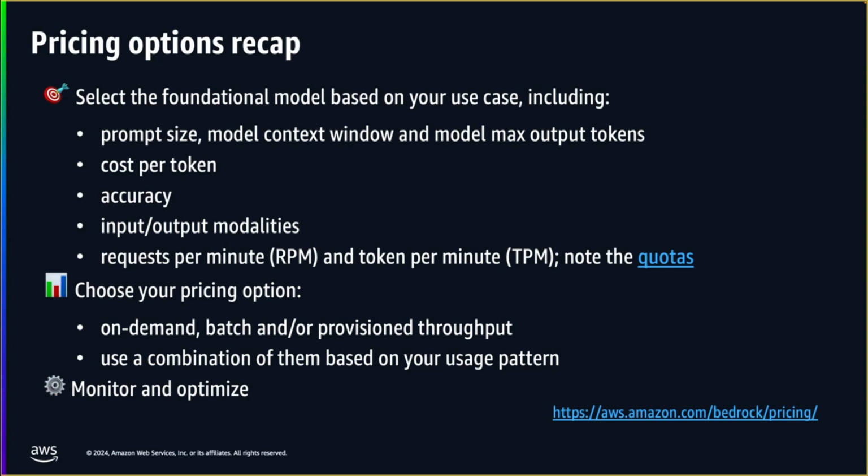Here are the considerations for model selection. When you choose a pricing option, again, start with on-demand for live inference, use batch for asynchronous inference, and then use provisioned throughput when you need reduced latency, when you need to guarantee the performance of requests, and when you need to scale further, right? Or use a combination of them. And of course, monitor and optimize your consumption.